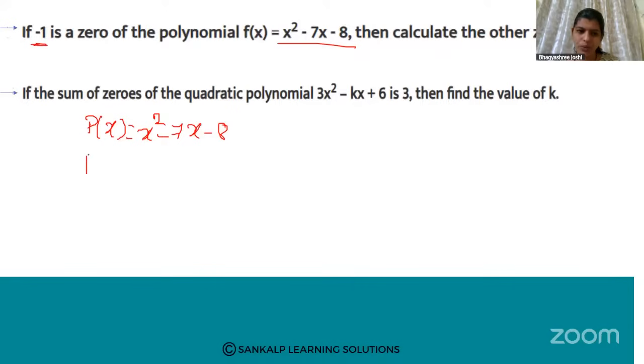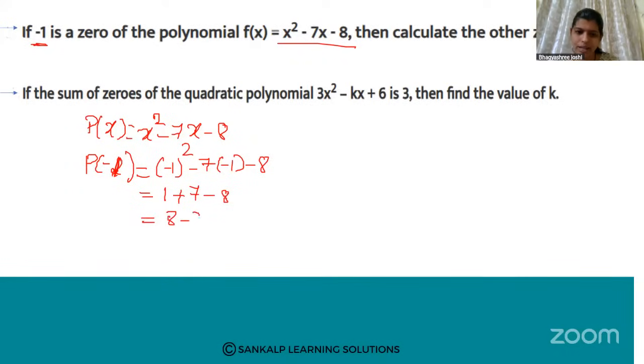Now what we will do? We will substitute x equal to minus 1 here. Minus 1 square minus 7 into minus 1 minus 8. Minus 1 square is 1. Minus into minus plus 7 minus 8. 1 plus 7, 8. 8 minus 8. So both are 0. Okay, this is the other zero.